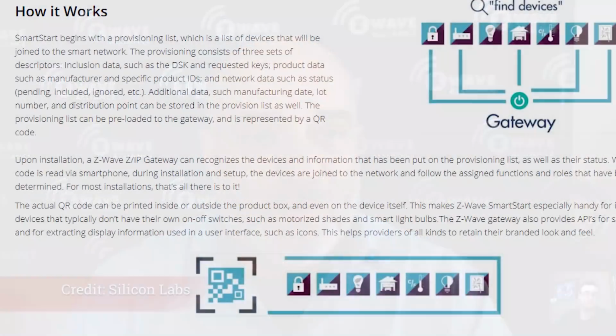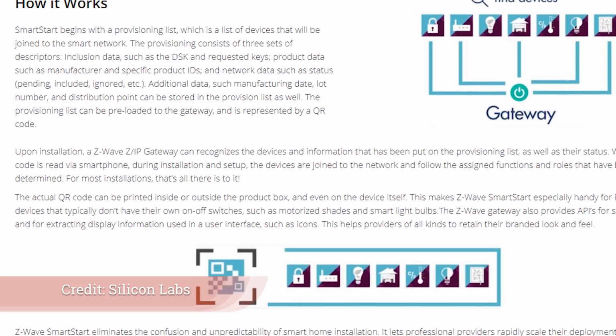But another thing that just got layered on top of that is really a compelling thing. We call it Smart Start. What Smart Start does is it enables you or a service provider or anyone to include a device into the system simply by scanning a QR code with your smartphone, and it automatically gets included.